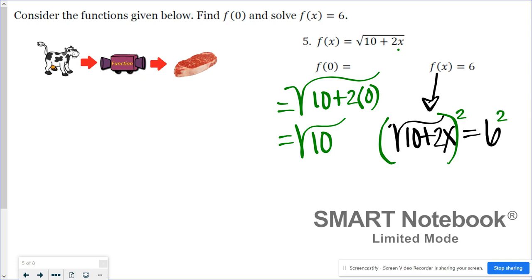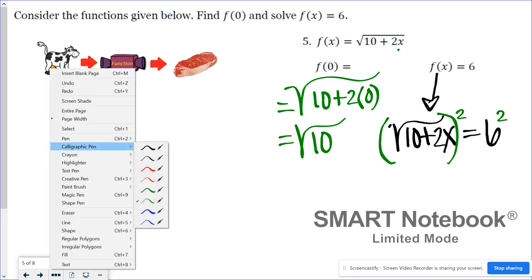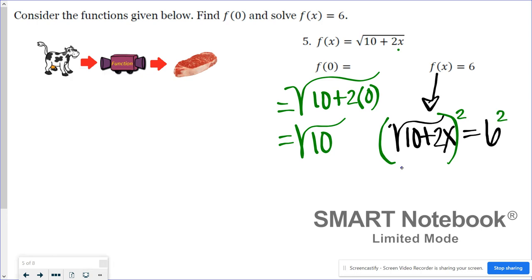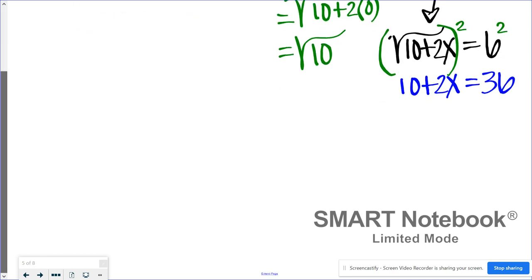Squaring both sides will undo the square root of 10 plus 2x, giving me simply 10 plus 2x, and this is equal to 36. And then from here, we're just doing some basic linear equation solving. So 2x would be equal to 26, and x would be 13.